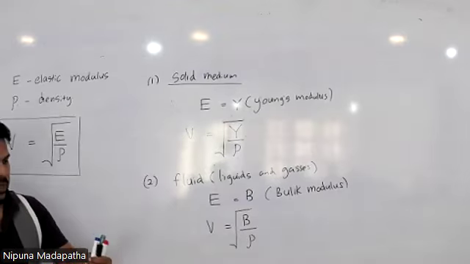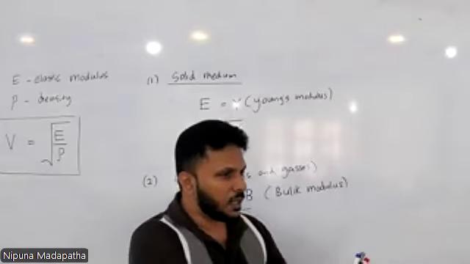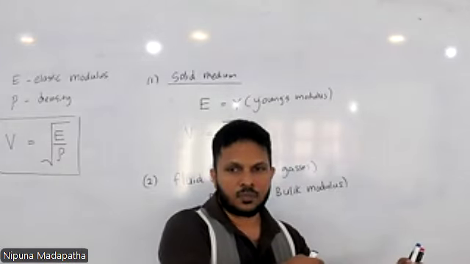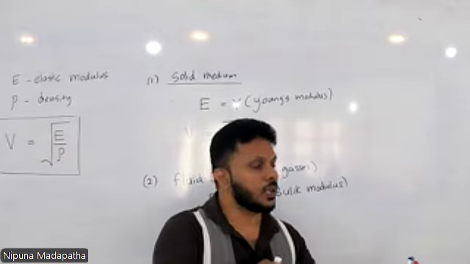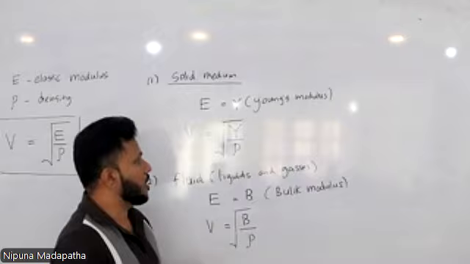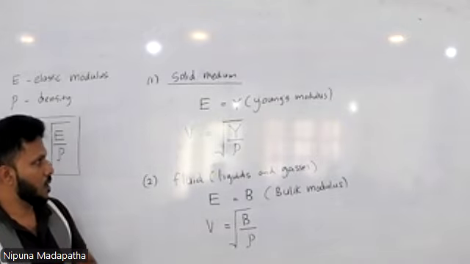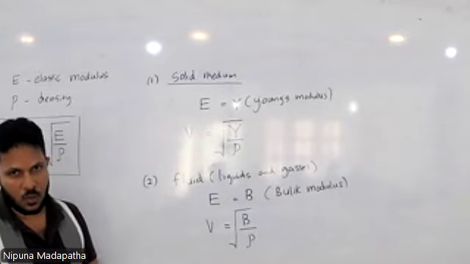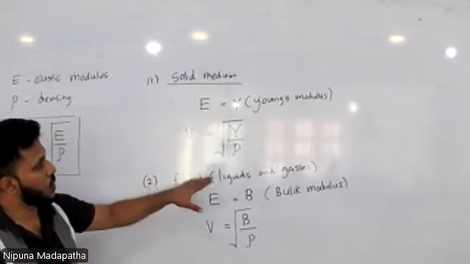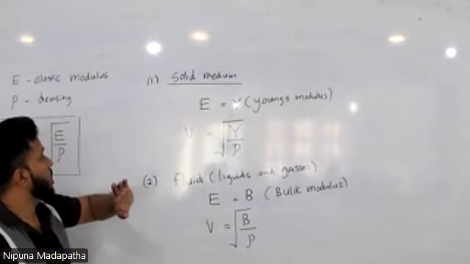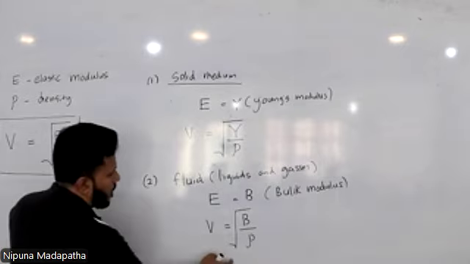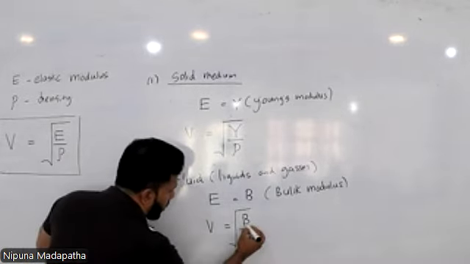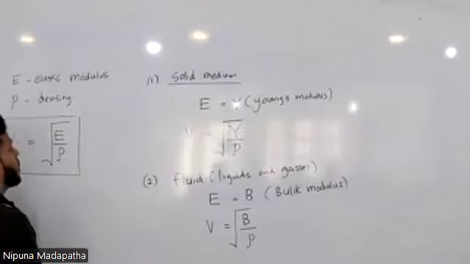If we apply force to a metal wire, it will exert tensile stress and tensile strain. So that depends on the Young's modulus. Therefore, for solid mediums, we use Young's modulus as the elastic modulus. Right? The main equations are these. Bulk modulus.